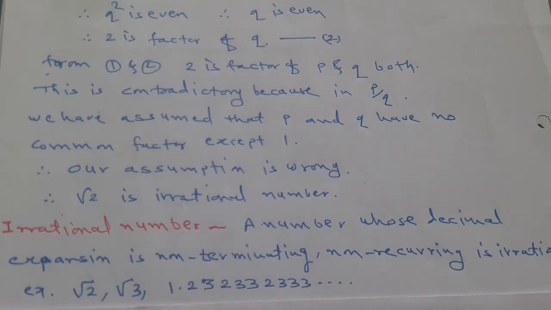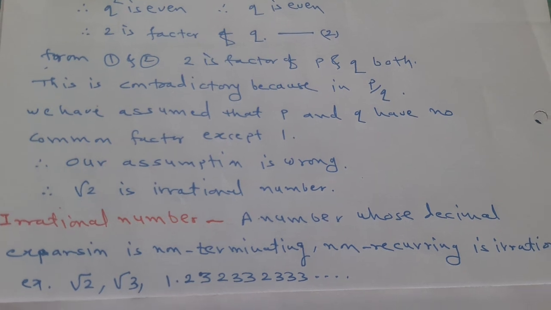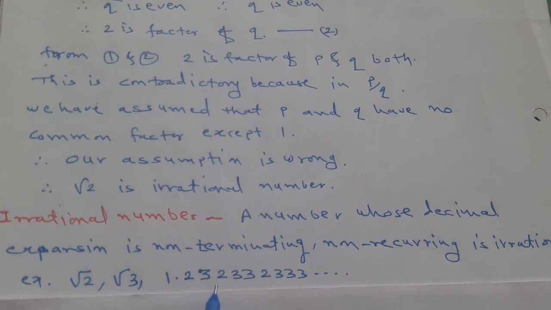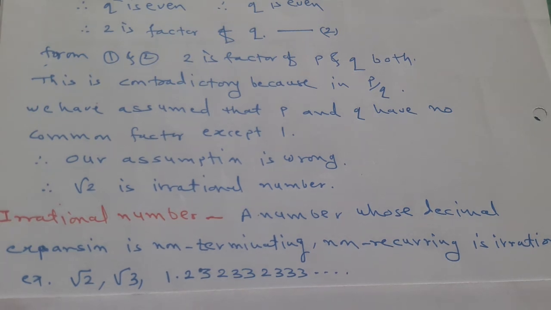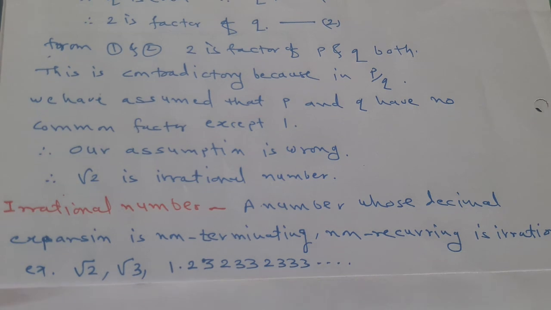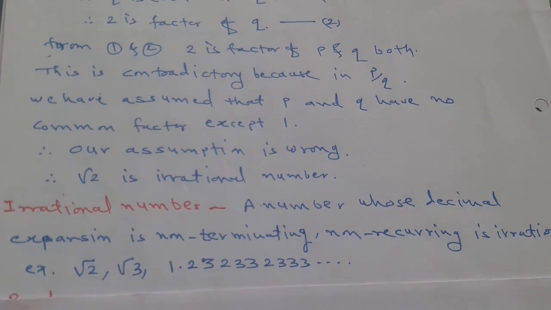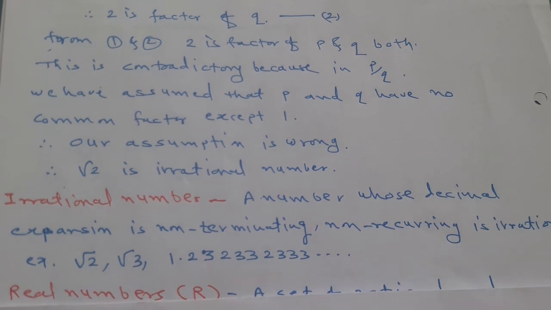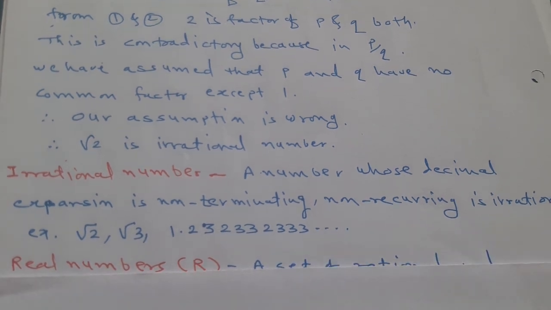For example, root 2 and root 3 are irrational numbers. Similarly, 1.23233233 and so on is non-terminating as well as non-recurring, hence those numbers are irrational numbers.